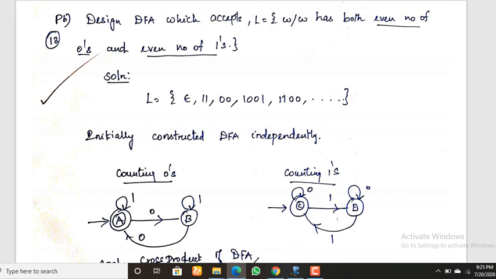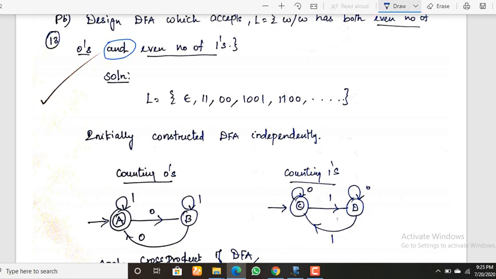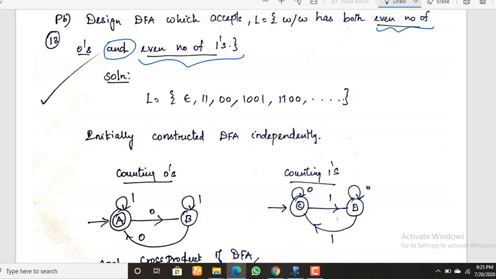So you are going to construct a DFA which accepts both even number of zeros and even number of ones. You can identify the word "and" here. The two problem statements are joined with the term "and". This is the way of identifying the cross product problem.